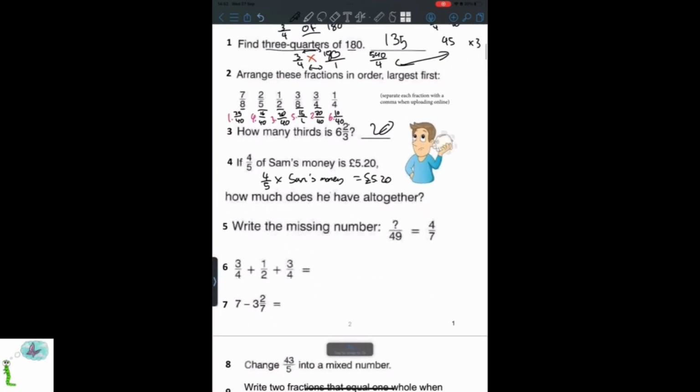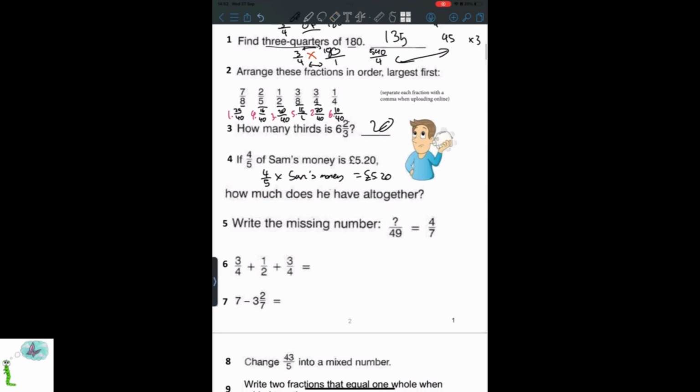And it's asking you what is this value? Another way to look at it would be 4 over 5 of the money is £5.20. So what is 1 whole of the money, which is 5 over 5? What is that equal to?